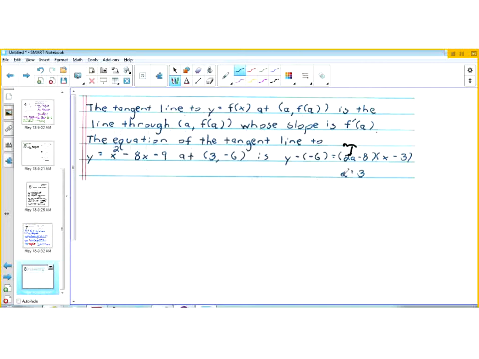This is your m. Remember, we just calculated it using the difference quotient, times x minus 3. Then once we get this stood up, we just say a is equal to 3, and the 3 comes from right here. So that's how you would use it.